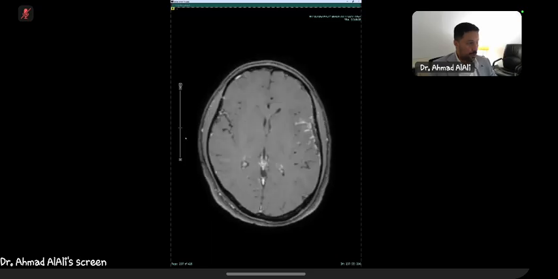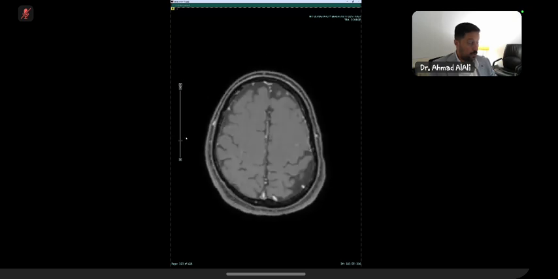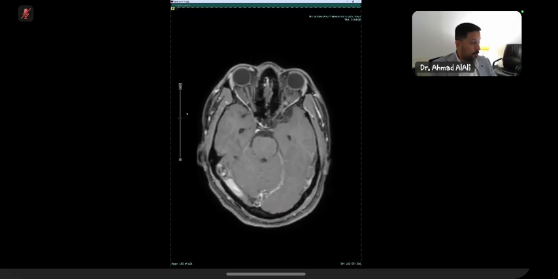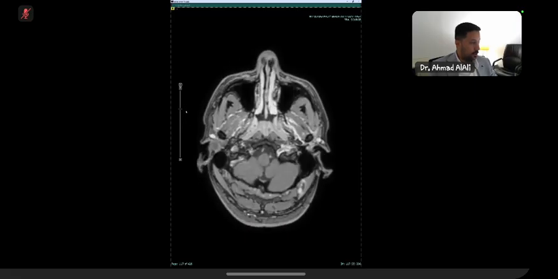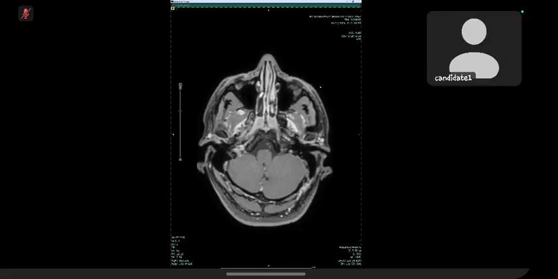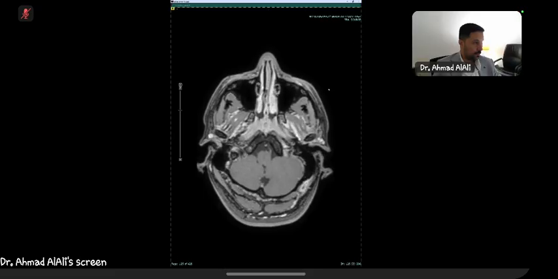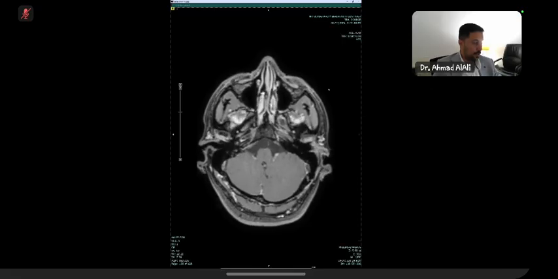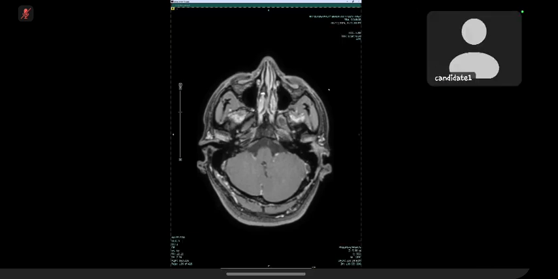Since you mentioned that it could be a transverse sinus thrombosis, yes, we thought the same. That's why we proceeded for MRV. So what do you think? On the left transverse sinus, there is a filling defect on the left side. So this is left transverse sinus thrombosis.